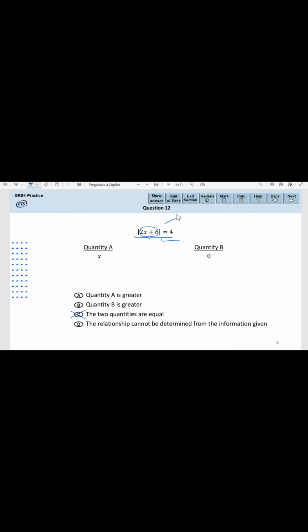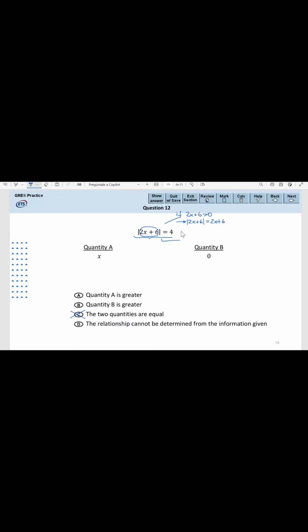So first scenario, if 2x plus 6 were greater than 0. In such a case, since we are talking about a positive expression, the absolute value of this positive expression will simply be the same expression, because it's positive. And we know that the absolute value has to yield a positive result, or 0 perhaps, but never negative.